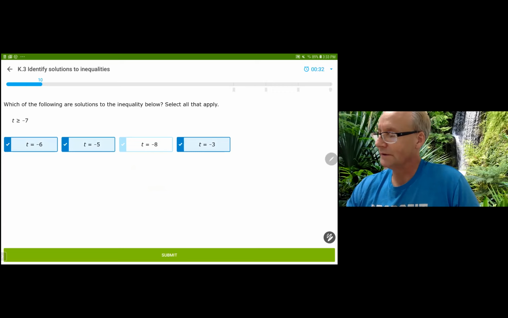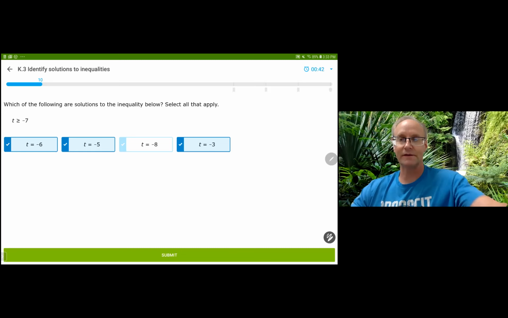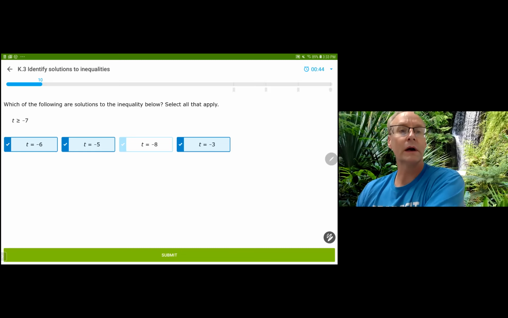It is really easy to be tempted to choose the negative 8 because it looks bigger than the 7, but that's not true. These are less negative. That's another way of thinking of them. Would you rather owe $6, $5, and $3 than you would $7? And of course, it's better to owe less money.